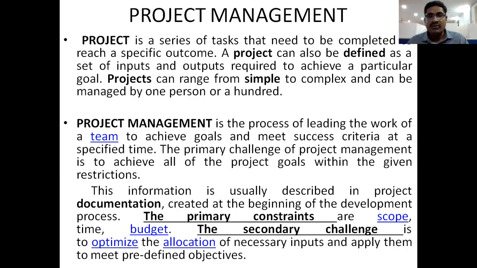The maintenance of the project is called project management.